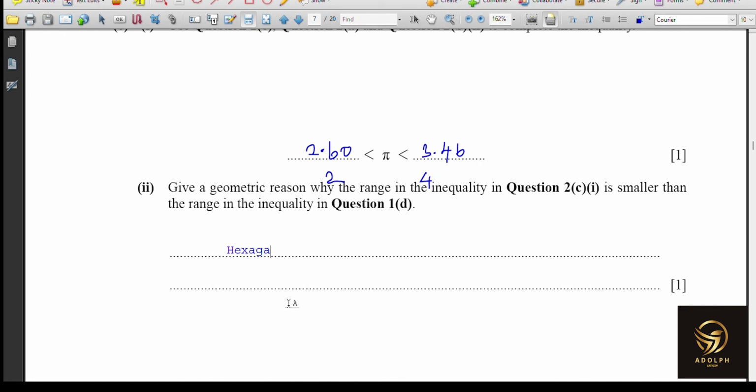Hexagon covers more area of the circle than the square.